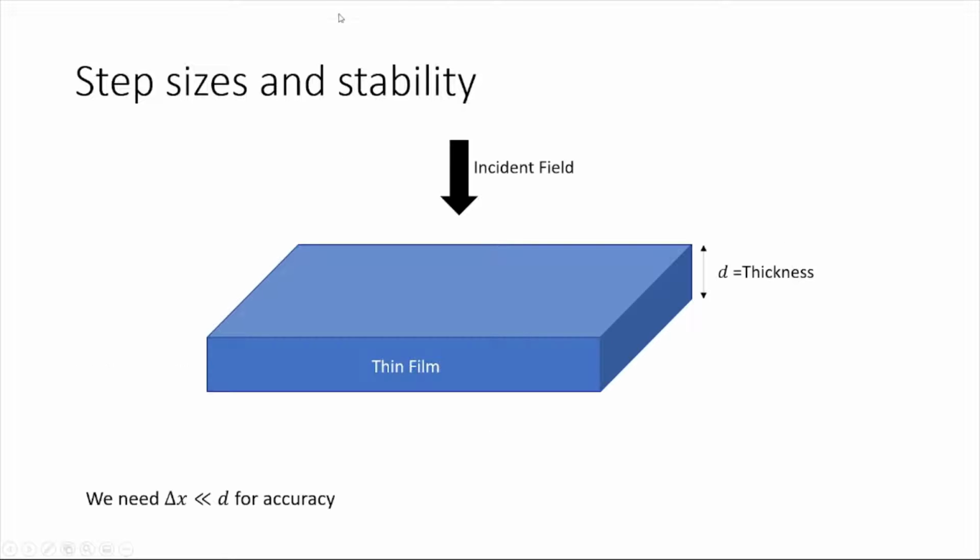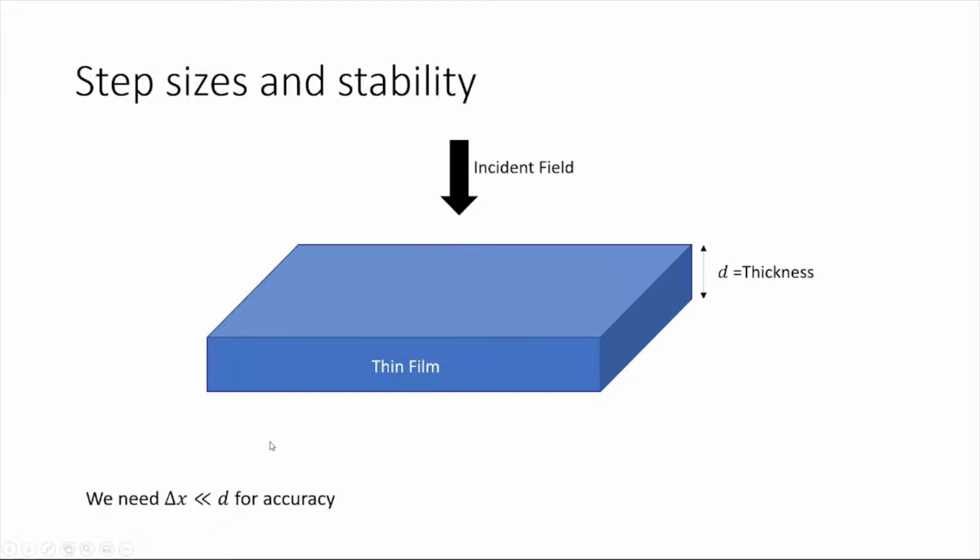Another thing to keep in mind is what you're simulating. We're doing 1D FDTD, so the only kind of structure we can have are thin films and substrates. So let's say we want to simulate light hitting a thin film, and the thickness of that thin film is d. We need to pick delta x to be much smaller than d for accuracy, right?